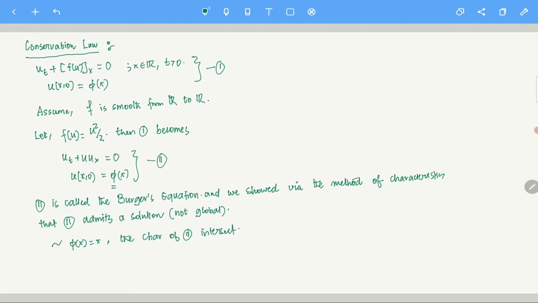What happens when the characteristics intersect? At the points where the characteristics intersect, you can no longer define the solution. That's what we learned.